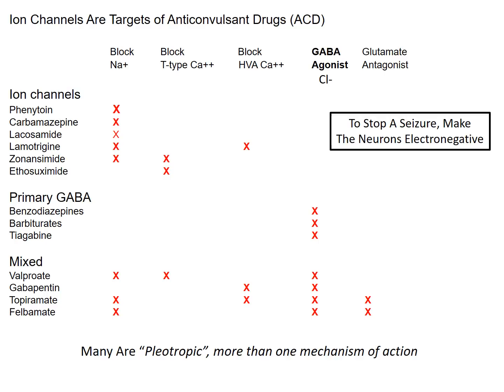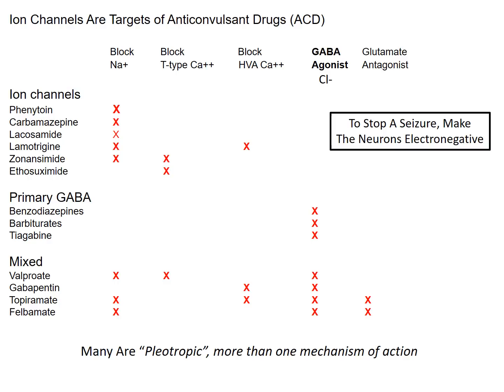Ion channels are often the target of these anticonvulsant drugs, so sodium, calcium, and chloride ion channels are frequently targeted by a lot of these anticonvulsant drugs.